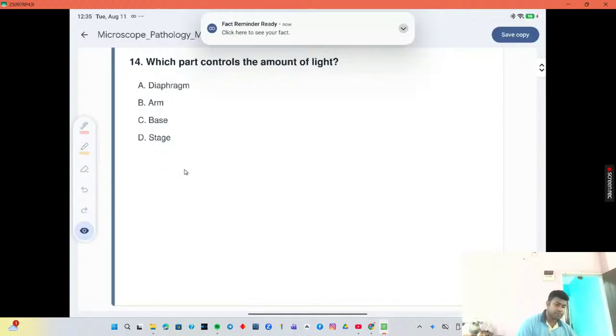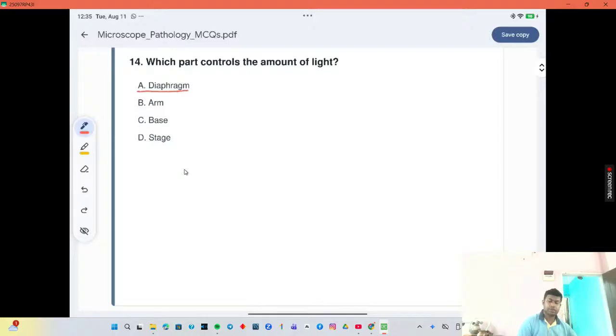The answer to this question will be diaphragm. Diaphragm is the part of the microscope which controls the amount of light passing through a microscope.